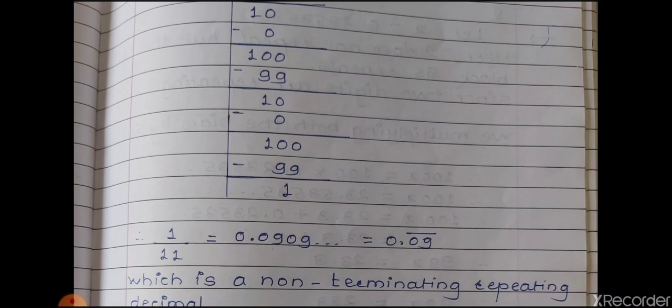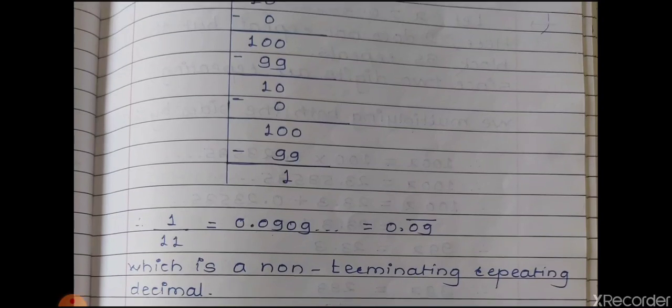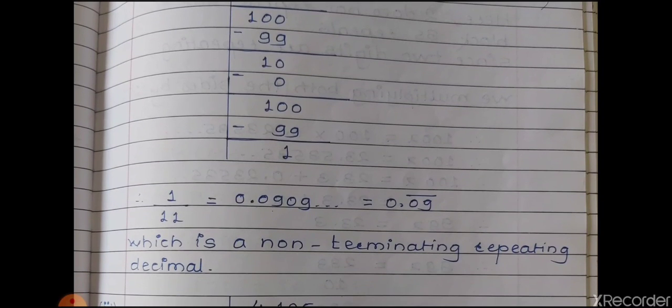Therefore we conclude that 1 upon 11 is equal to 0.0909 and so on, which is equal to 0.09 bar, with the bar above the digits. This is a non-terminating repeating decimal because the block 09 repeats.